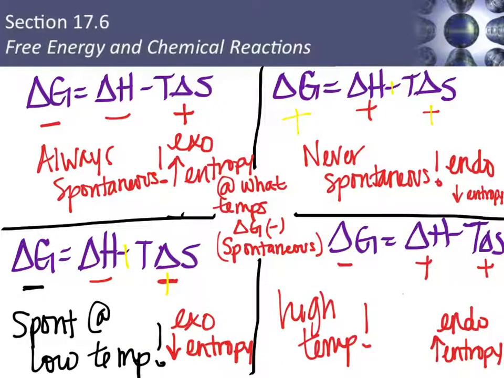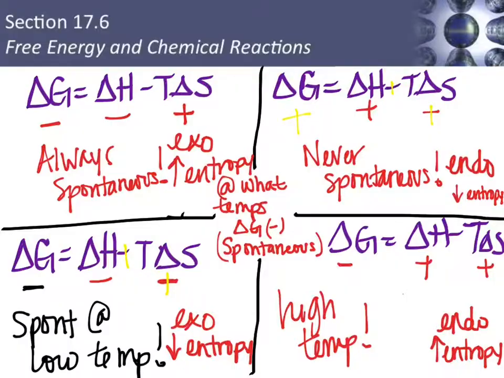Okay, so being able to analyze it, have that equation, and figure out what is going on. Any questions on that? If you don't like that little chart, then you have the one that's in your notes that you can refer back to, where it just gives you the information.